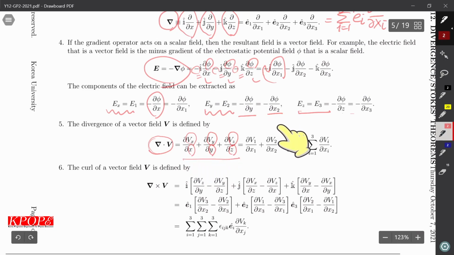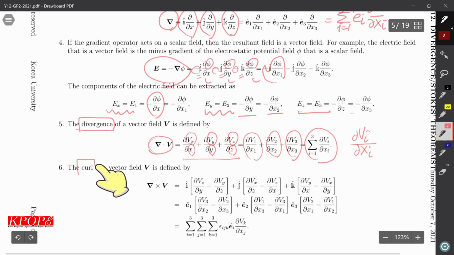If we use index 1, 2, 3, it becomes easier, and it can be expressed as a summation over i of the derivative of v_i with respect to x_i. This is the divergence.